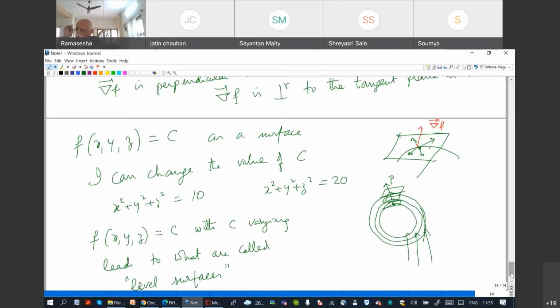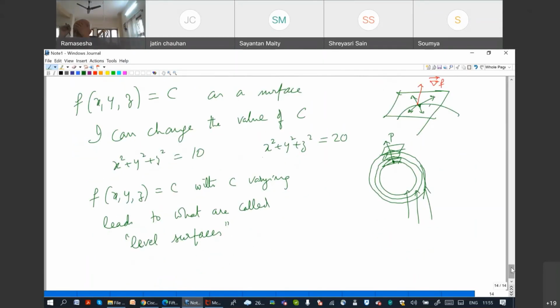So here P also changes now. Yes, every time P changes, no question about that. But when I take the grad f, the point P may change, but the gradient will always correspond to the same direction as long as x, y, z are the same.